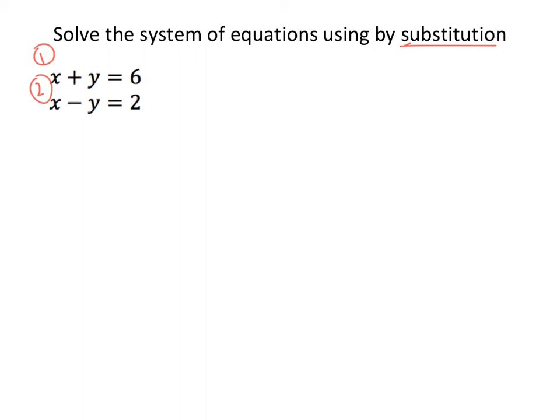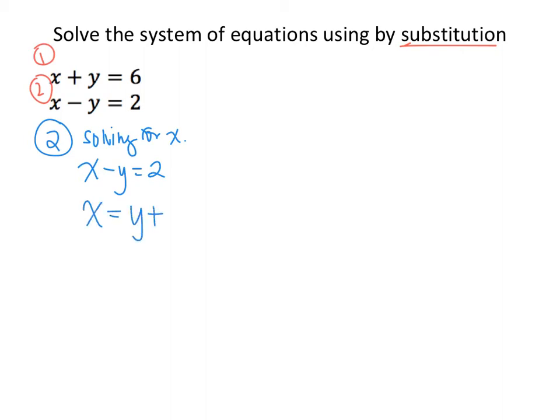While I'm working, I'm always indicating which equation I'm using. In this case, I'm using the second equation first, and I'm solving for x. So I have x minus y is equal to 2. To solve for x, I'll add y to both sides. So x is equal to 2 plus y, or y plus 2. Doesn't really matter.